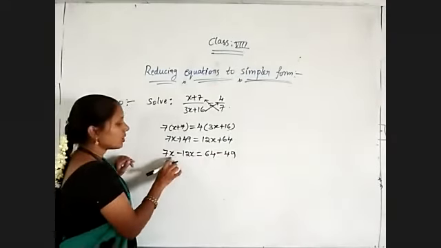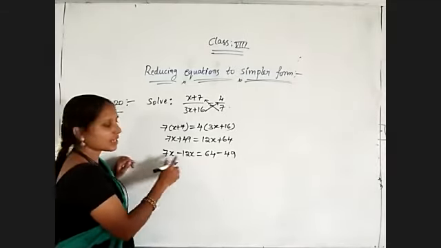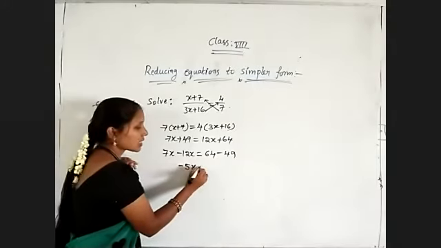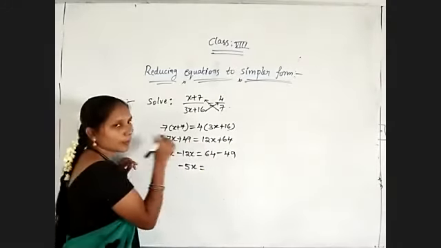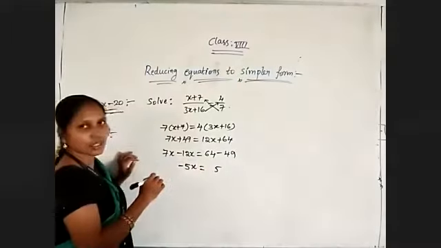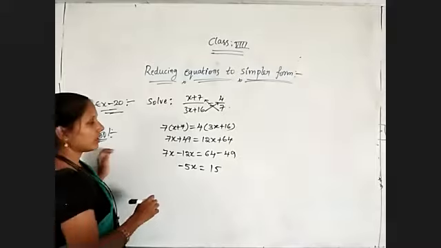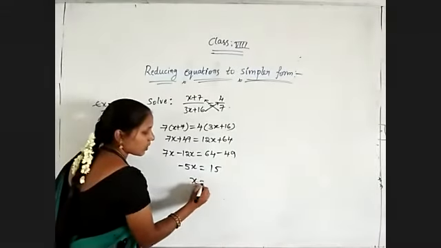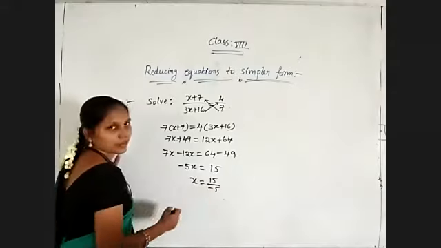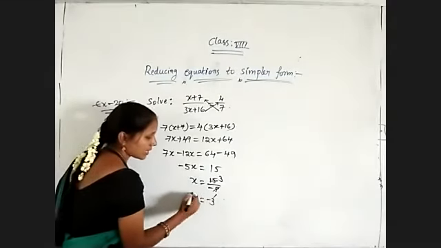So 7 minus 12: one is plus, one is minus, so subtract, 12 minus 7 is 5. Since 12 has the minus sign, it is minus 5x is equal to 64 minus 49, which is 15. Now x is equal to 15 by minus 5, so x is equal to minus 3.